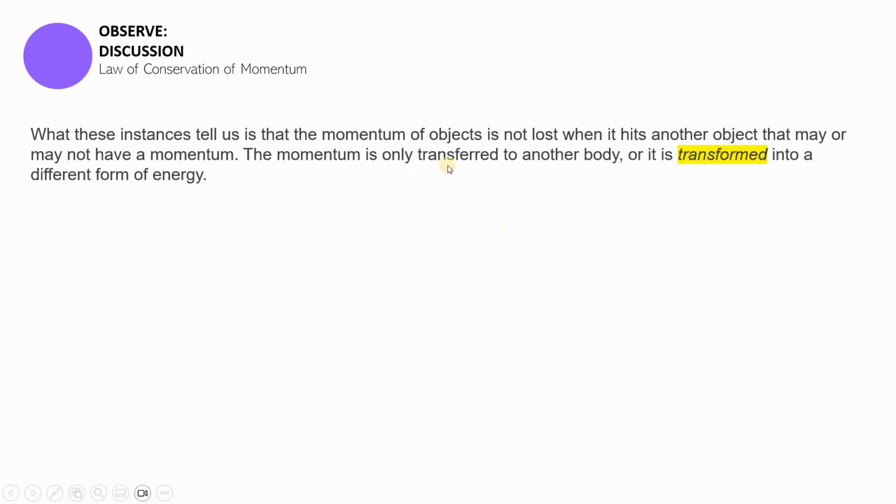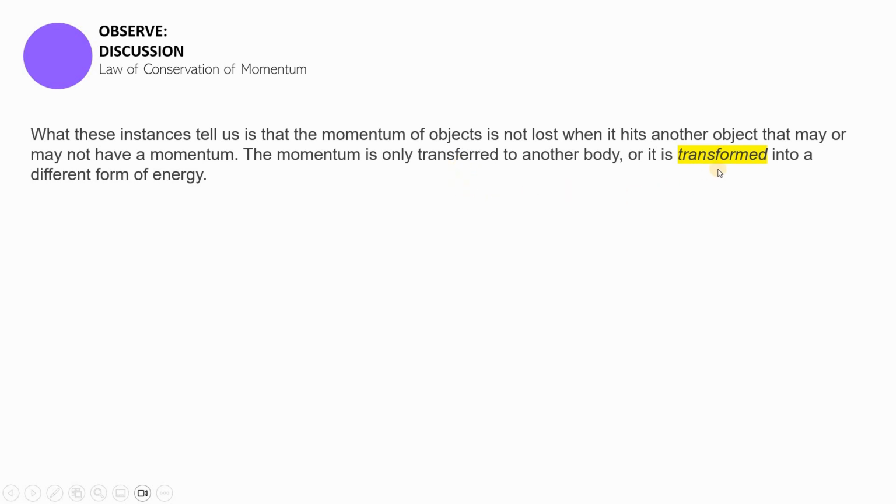So, dalawa lang siya. Pareho siyang merong chance over here. Like, there is kumbaga, travel, okay, from one thing to another. So, when the momentum was moved from one body to another, it was transferred.